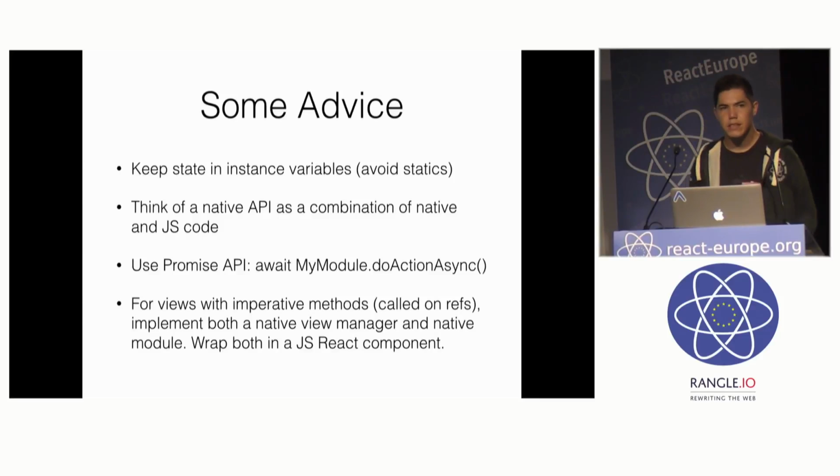This is a little bit tricky to implement in React Native. If you never encounter it, that's great, but just as a high-level strategy, the way to do this is to implement both a view module and a non-view module, and then in JavaScript abstract over both with a consistent component that wraps the view and the imperative non-view API.